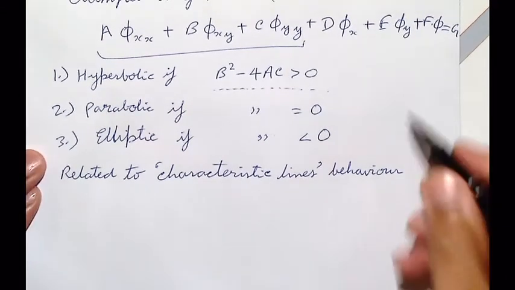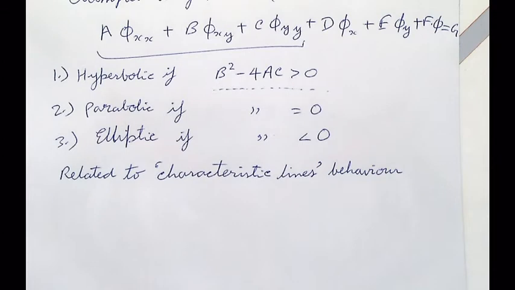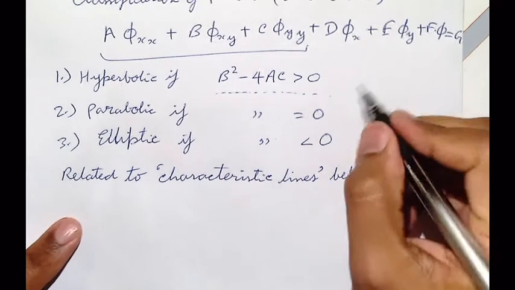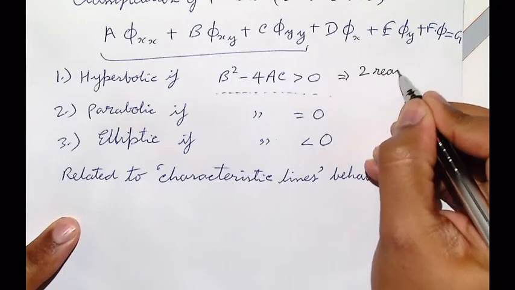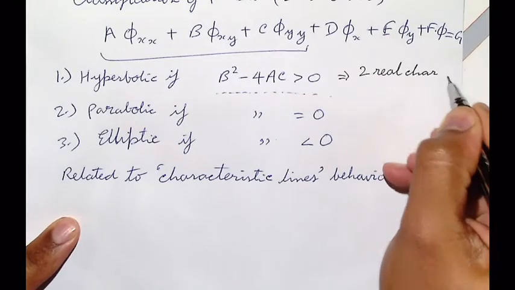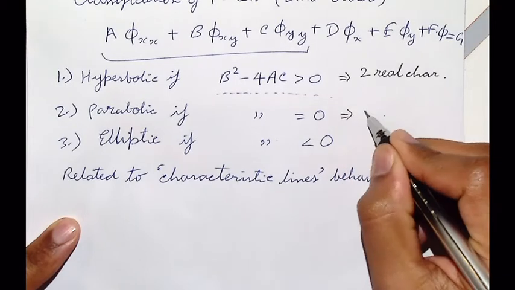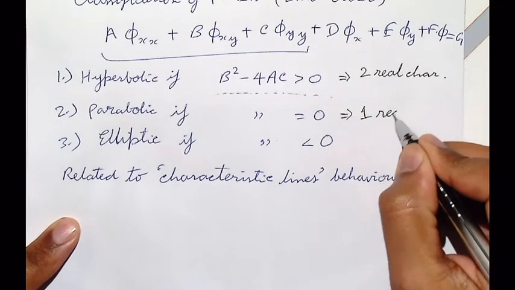So the very first thing that we can say is hyperbolic equations have two real characteristics. Okay, and parabolic equations have one real characteristic line.